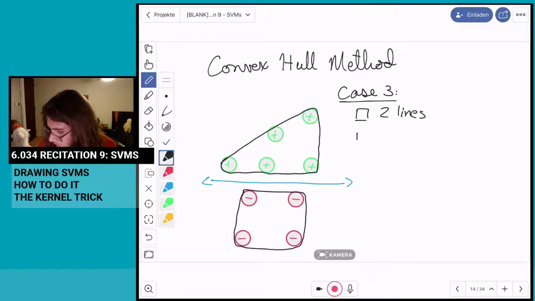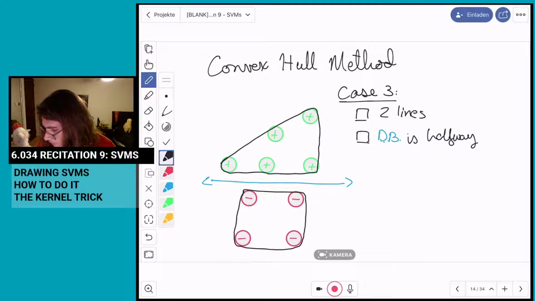We have 2 lines this time. And the decision boundary is, oops, what did I do? I hope I didn't do anything. Is halfway between the 2 lines.